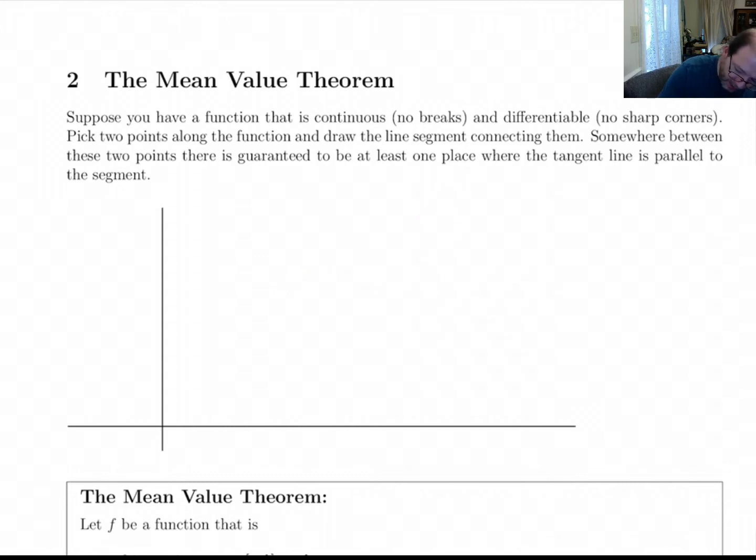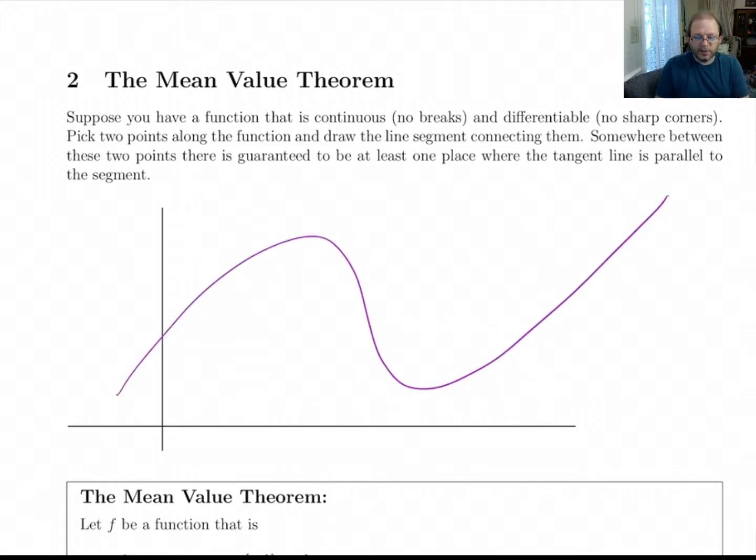What this says is, let's say we've got a function that's continuous and differentiable. It says if you pick any 2 points on that, I'm going to pick that one and this one, but pick any 2.